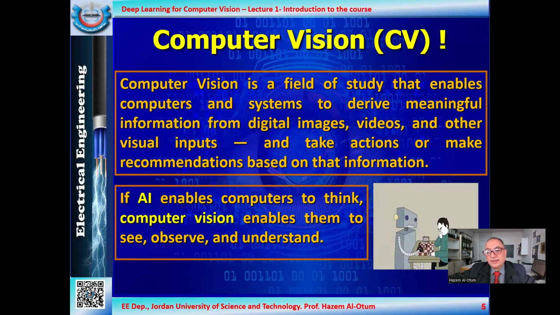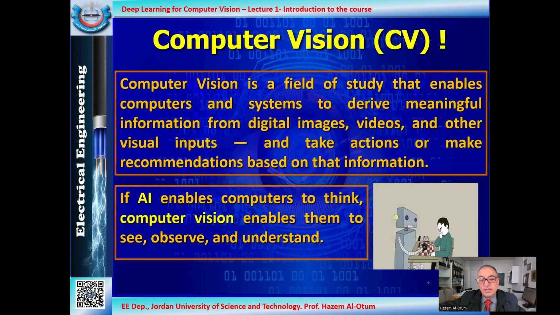Now, it's an in-joke, some sort of engineering statement: if AI, which means artificial intelligence, enables computers to think, computer vision enables them to observe, see, and understand. What does that mean?